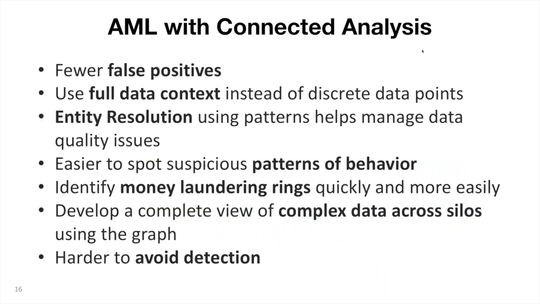This can help us lower the amount of false positives, which is a huge win. The fewer false positives you have, the less sifting your AML teams have to do to get to the actual true money laundering cases.